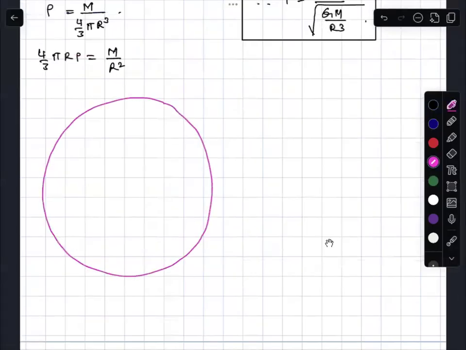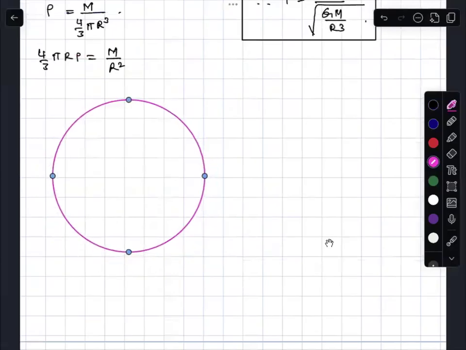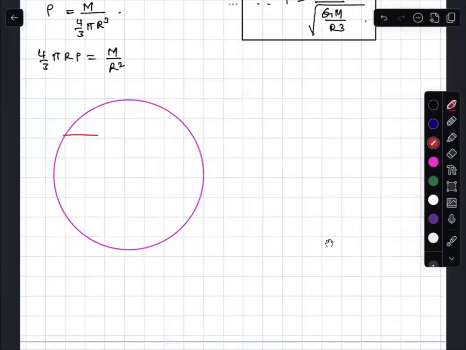What if the tunnel is not dug in the way that I have described just now? That is the tunnel, and you have the center of the earth over here.